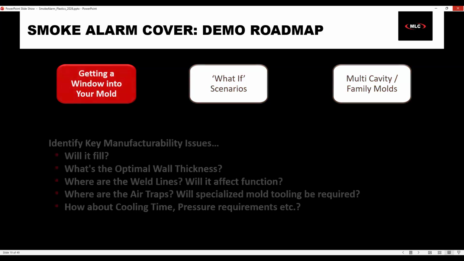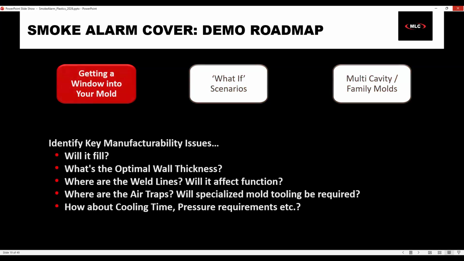So let's go ahead and get going with the first section. We're going to see a couple manufacturability issues. We're going to answer some questions such as, will it fill? That's always an important one. Dylan had talked about wall thickness. As we go through the first two sections, we're going to see why wall thickness can be important. Where are the weld lines?